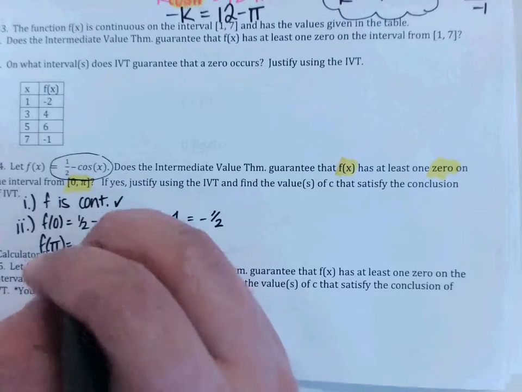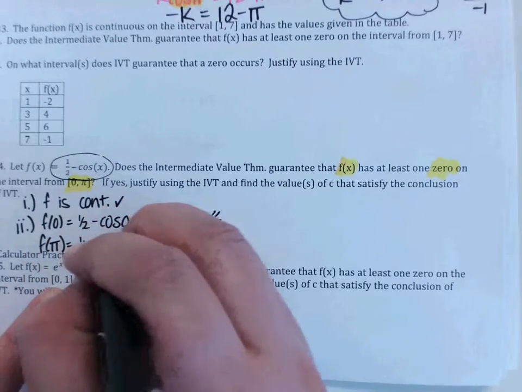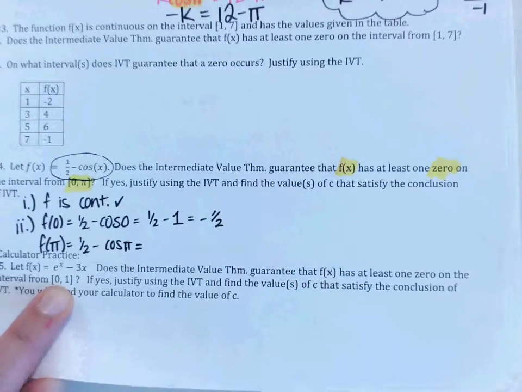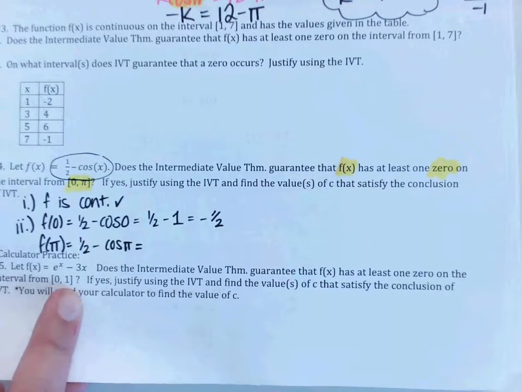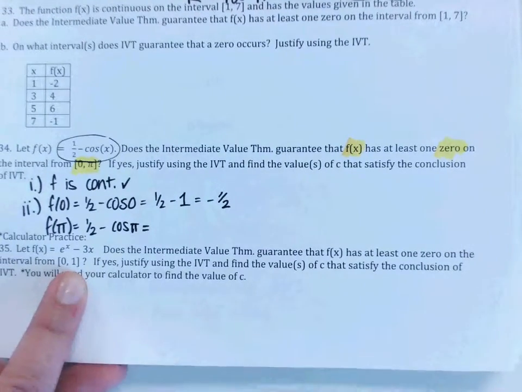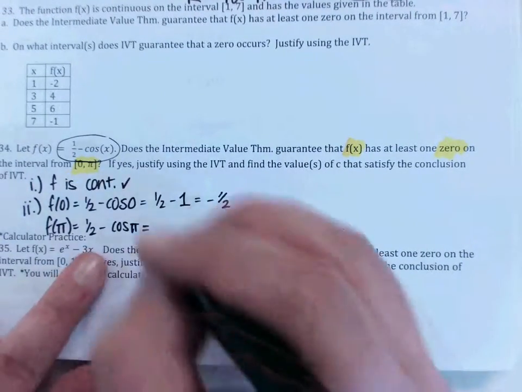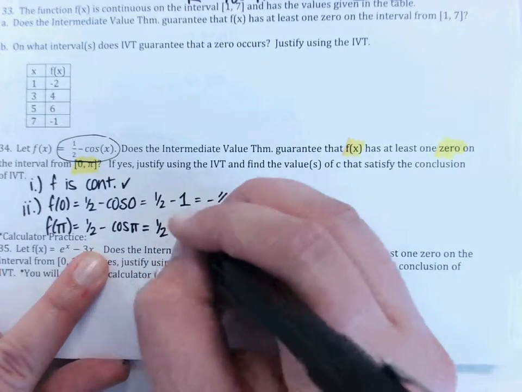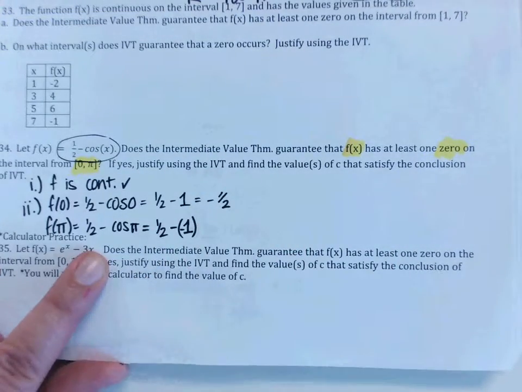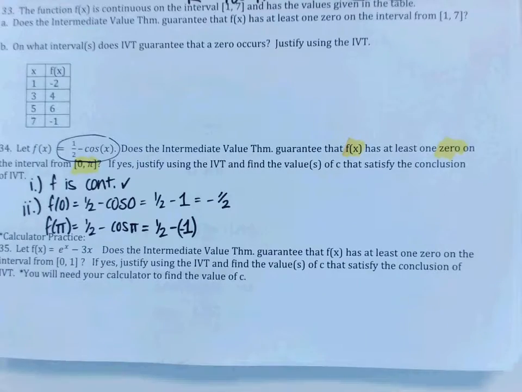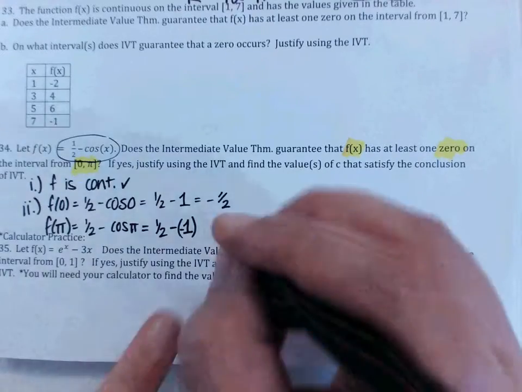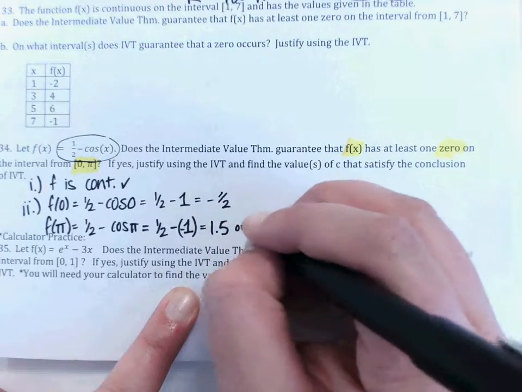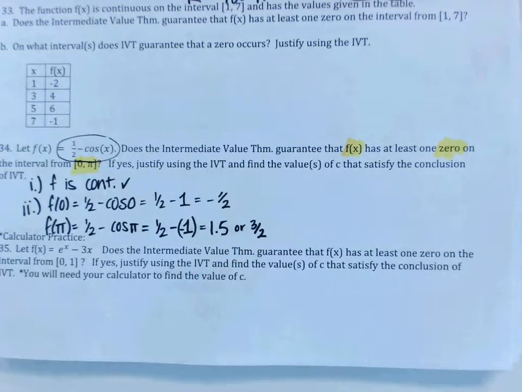So I'm going to have a half minus the cosine of pi. What's the cosine of pi, though? -1. So if I have a half minus -1, what's going to happen there if it's a double negative? It's really a plus. So you can put 1.5 like he said, or you could put 3 over 2, depending on which one you like more.